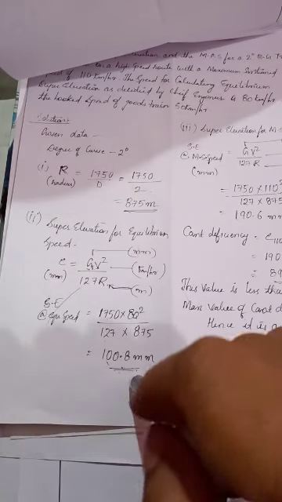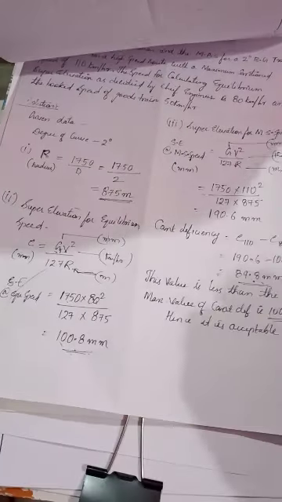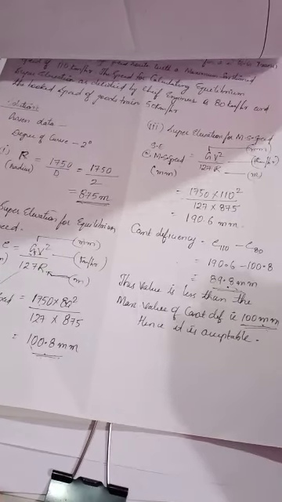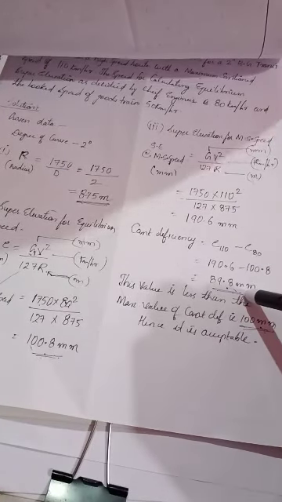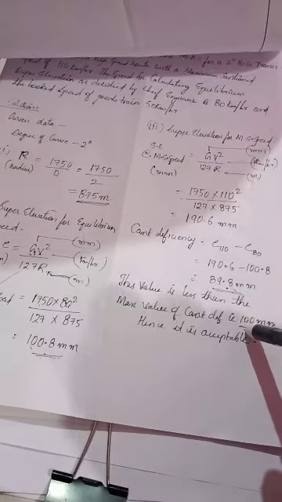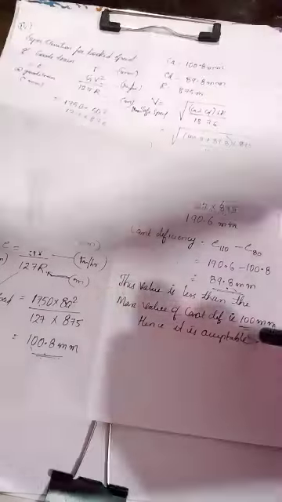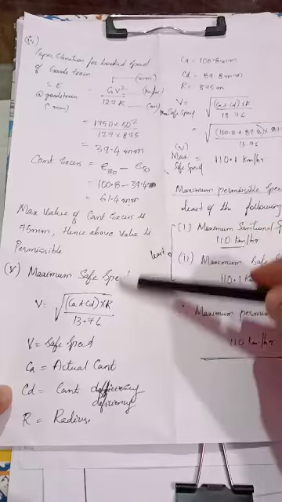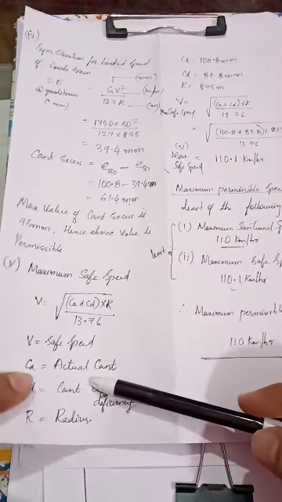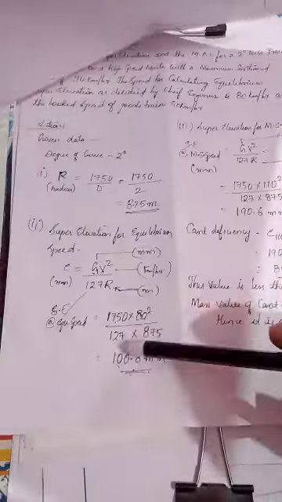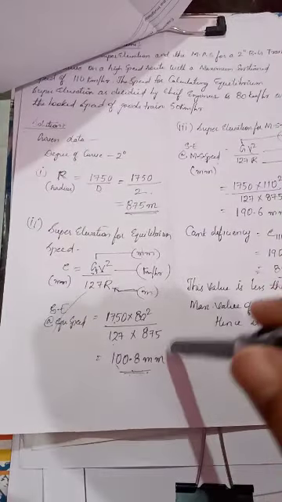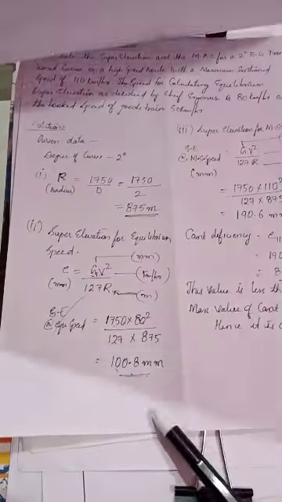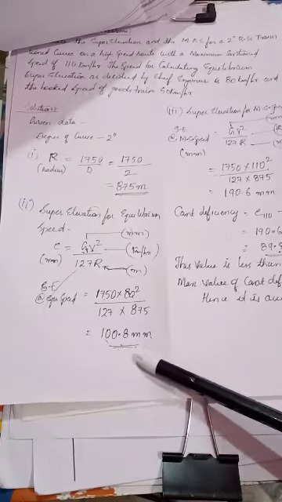Here the Kant deficiency is 89.8 mm, which is less than 100 mm, and the Kant excess falls under the limit. So what is the actual Kant? Actual Kant is the super elevation for equilibrium speed, which is 100.8 mm.